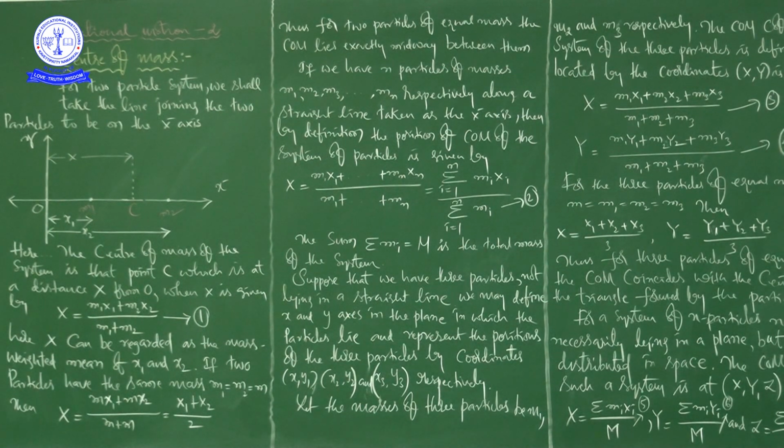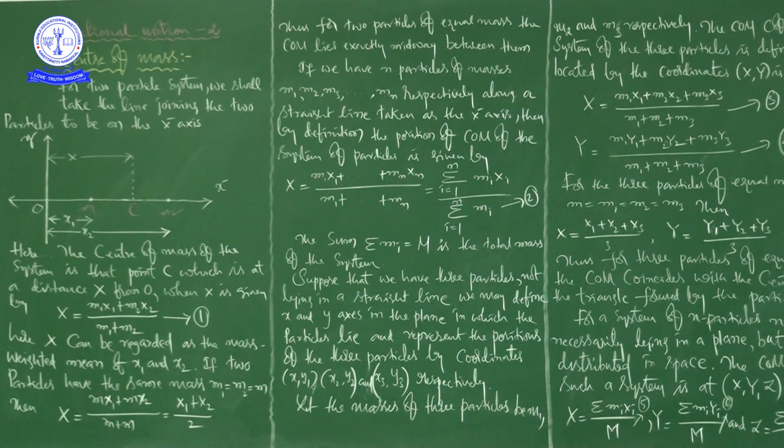So for three particles of equal mass, the center of mass coincides with the centroid of the triangle formed by the particles. I will repeat once again. For three particles of equal mass, the center of mass, COM meaning center of mass, coincides with the centroid of the triangle formed by the three particles.